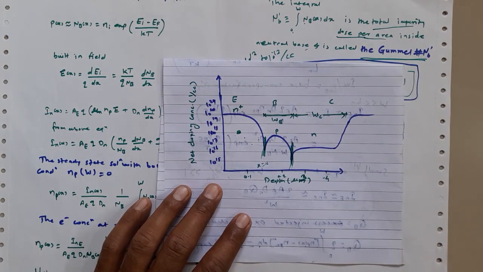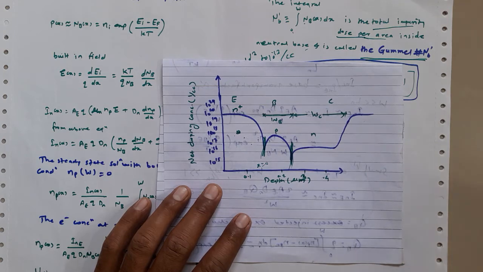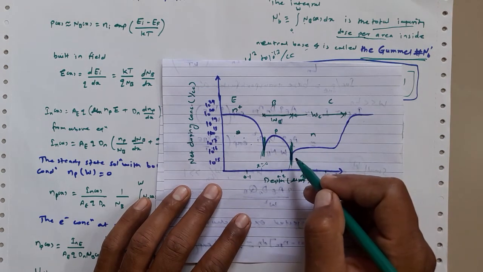There are two recombination mechanisms happening in this region.